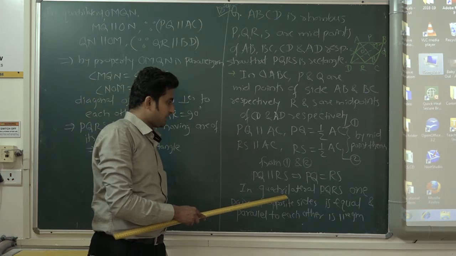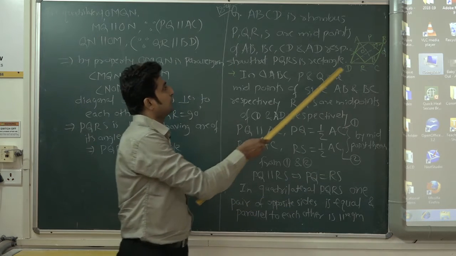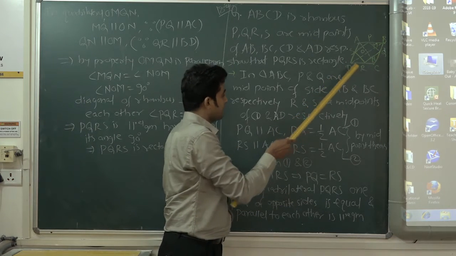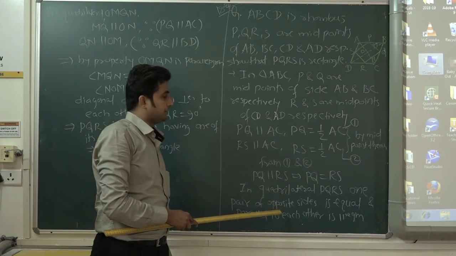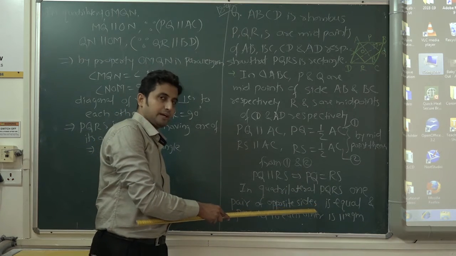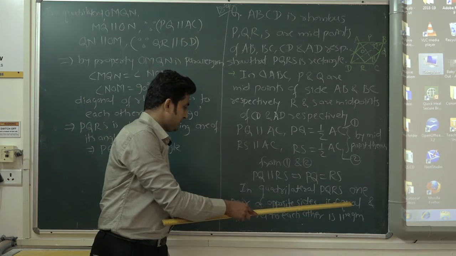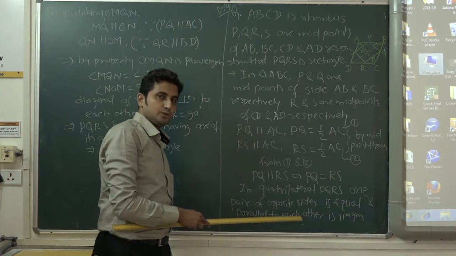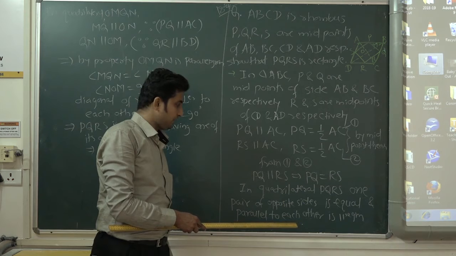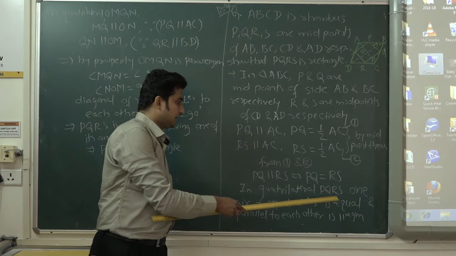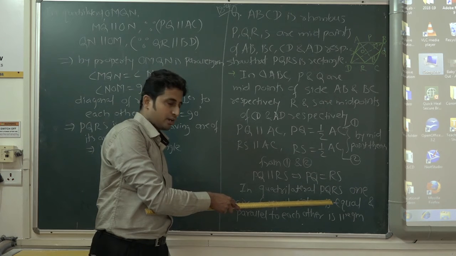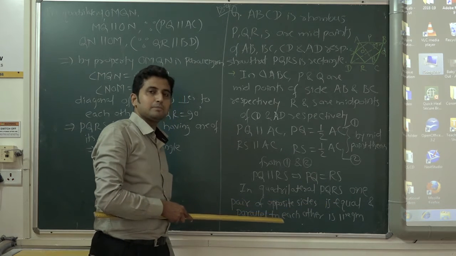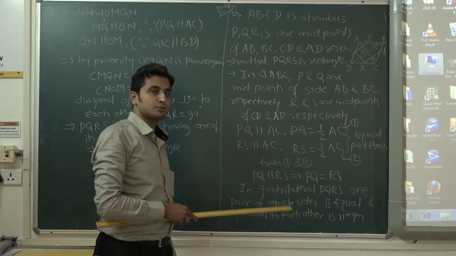Now in quadrilateral PQRS, one pair of opposite sides is equal and parallel to each other. That is the property of parallelogram: opposite sides are equal and parallel to each other. That we are going to show now.